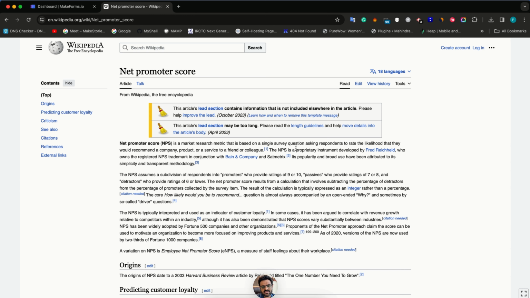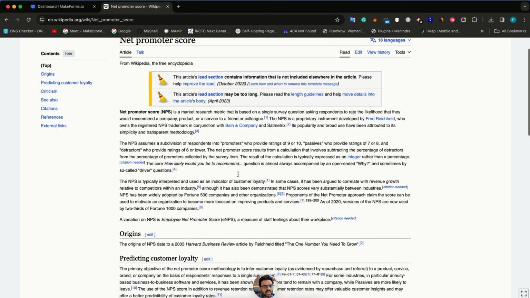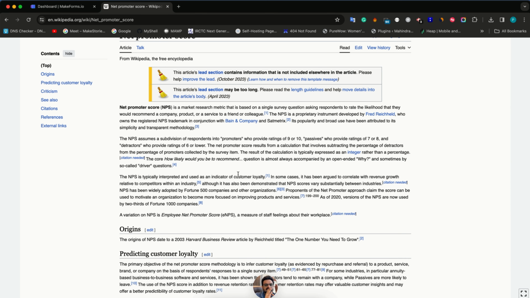Wikipedia says that it's a proprietary instrument developed by Fred, who owns the registered NPS trademark in conjunction with Bain and Company. Net Promoter Score is used when you want to understand how happy your customers are, and how they are going to help you grow the brand.